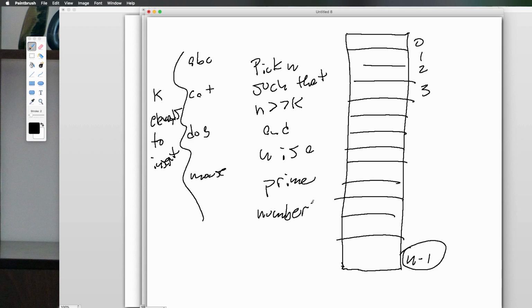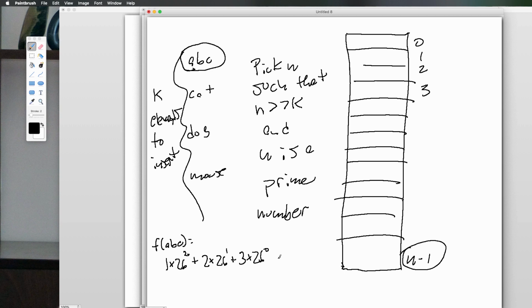Okay? And the reason why we want this to be a prime number is because when we come over here and calculate, say, f of ABC, remember, that's going to be 1 times 26 squared plus 2 times 26 to the first plus 3 times 26 to the 0.